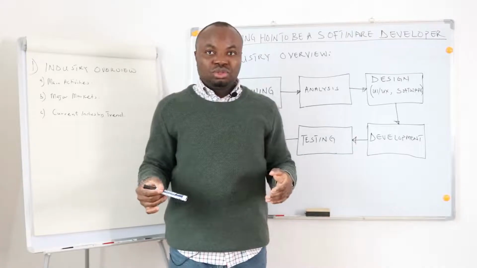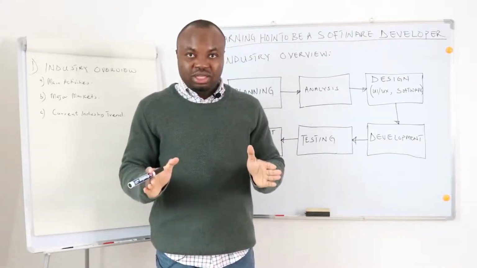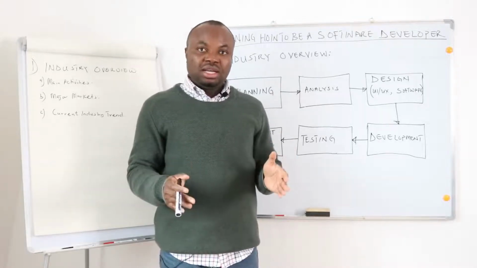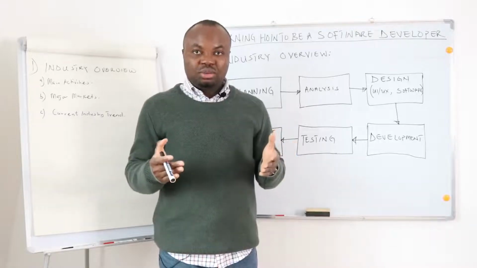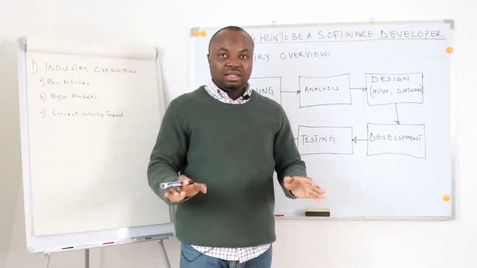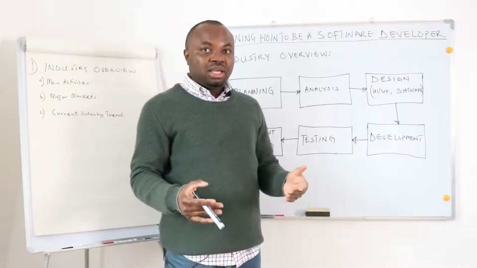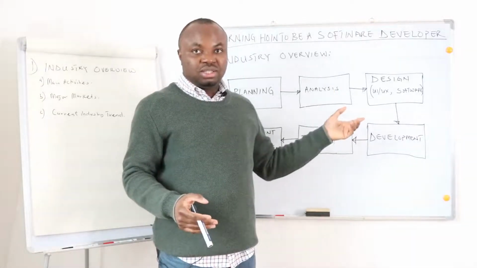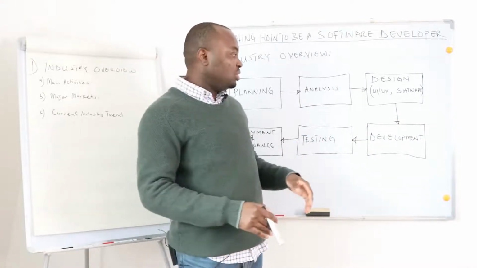Once you've produced all this documentation, you compile everything in a document called the software requirement specification. The idea is you can take that documentation, give it to a developer or a coder, and the developer will just write the code for the software. In most cases, most organizations don't do software design. They just give you the UI, the interface design, and you go straight to building the software.